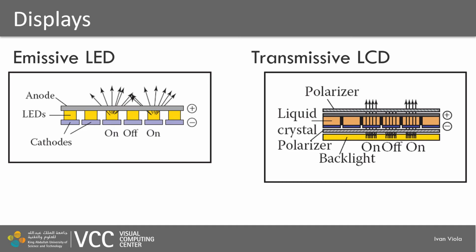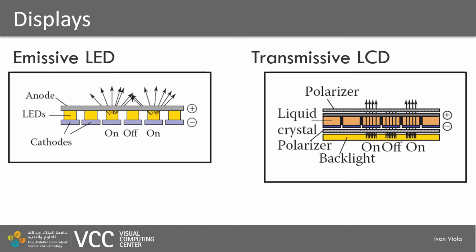And the principle is that they have an array of small diodes which could be turned on or off at various intensities, and the combination of the turned off or on diodes forms an image.